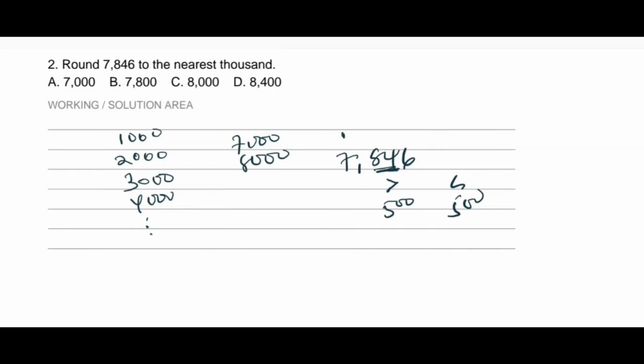If the number is greater than 500, you round it to 1 and you add it to the main number. The main number here is 7. If it is bigger than 500, you round it to 1. If it is lower than 500, you round it to 0.